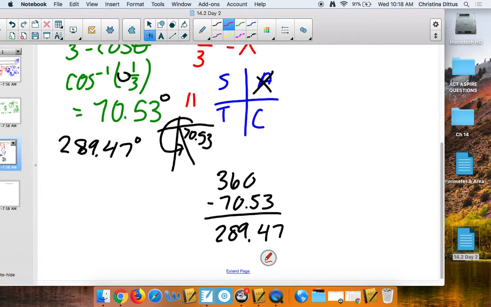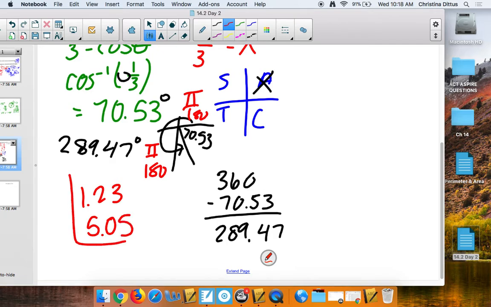If I multiply by pi and divide by 180 for both of these, the first one becomes 1.23 radians and the bottom one is 5.05 radians.